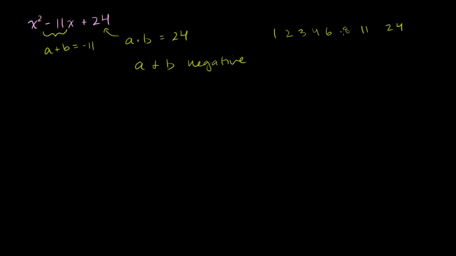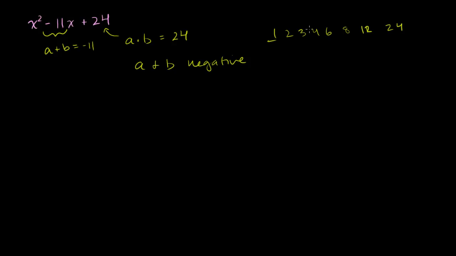Obviously, when I multiply 1 times 24, I get 24. When I do 2 times 12, I get 24. So we know that all of these products are 24. But which two factors, when I add them, should I get 11? And then we could say, let's take the negative of both of those.